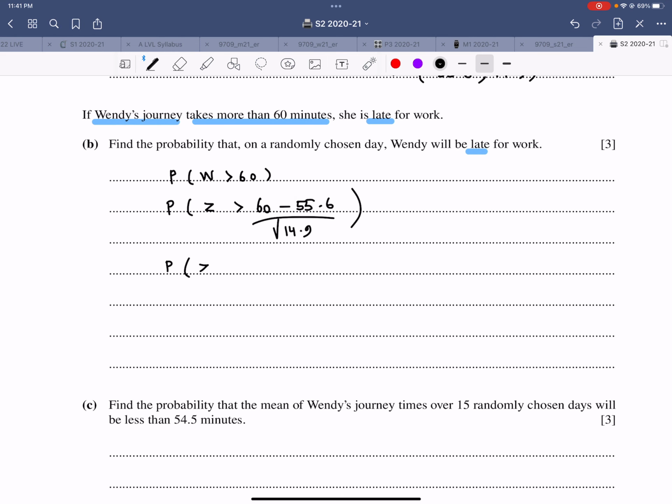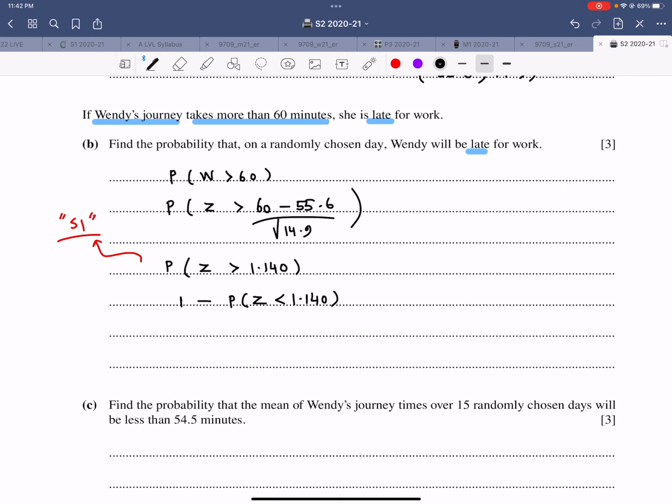Now over here, this knowledge of S1 normal distribution is used. So probability Z greater than a positive value is 1 minus probability Z lesser than a positive value. And then you go to the table, read off the value, and then you subtract. So what do you get? You get the answer as 0.127.